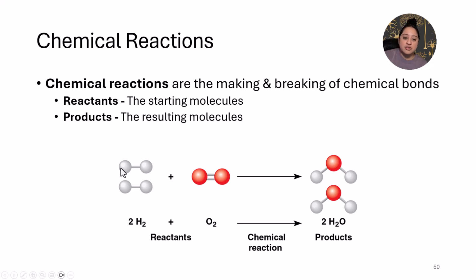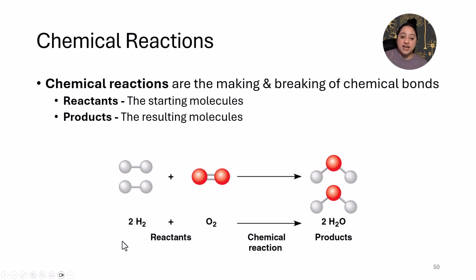So there's still 1, 2, 3, 4 hydrogen atoms, and then they just rearrange themselves, and now there's still 1, 2, 3, 4 hydrogen atoms in the products. And again, on the left there are 2 oxygen atoms, and on the right there are still 2 oxygen atoms. They just broke bonds and remade bonds and switched dance partners.